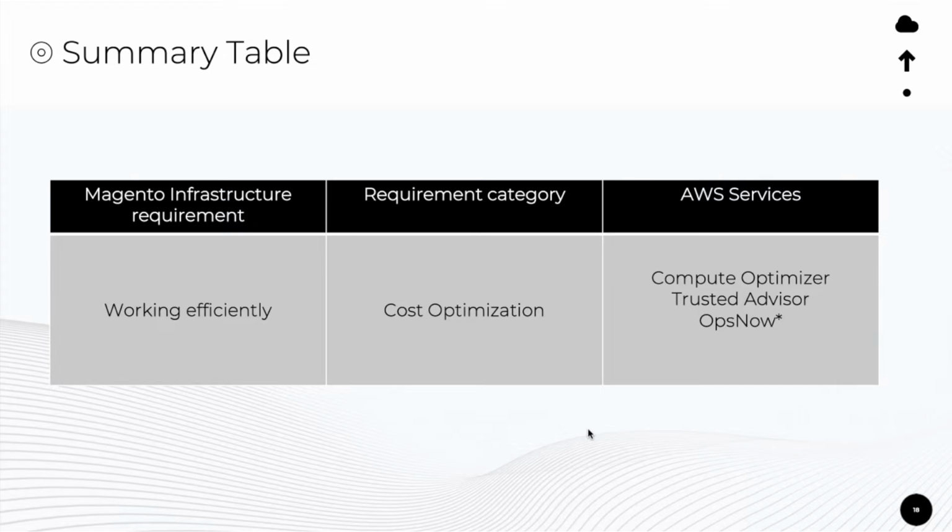As part of the operational excellence of managing and operating a Magento platform, we need to keep that cost as efficient as possible by using different cost optimization techniques with different AWS services, as well as some add-on cost management services provided by Bespin Global, like OpsNow.